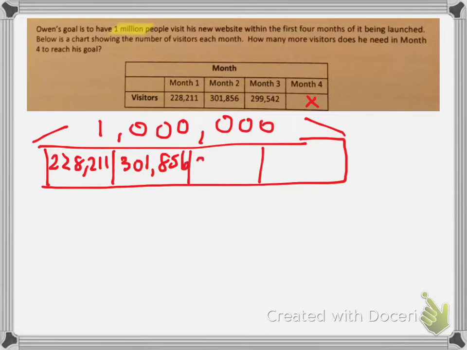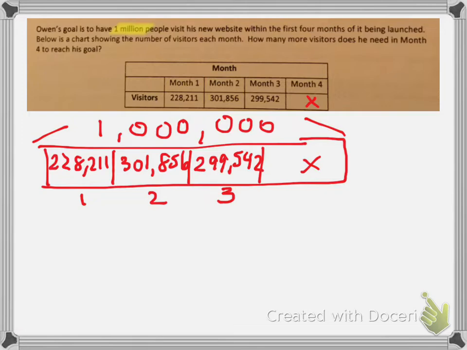Month 3 is 299,542. And then we don't know X. To figure this out, we need to add months 1, 2, and 3 together. Once we get that total, we can subtract it from 1 million to find our missing month.